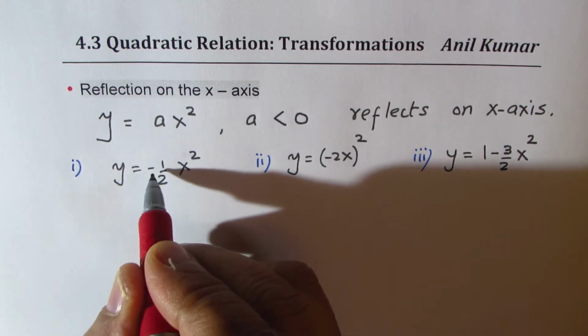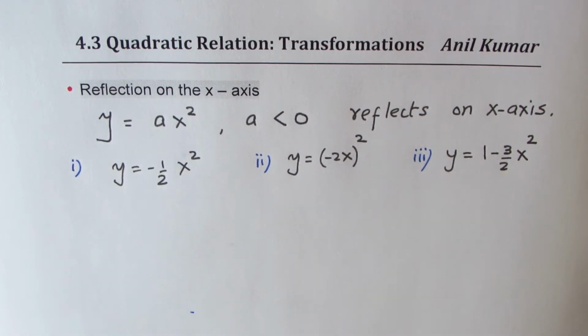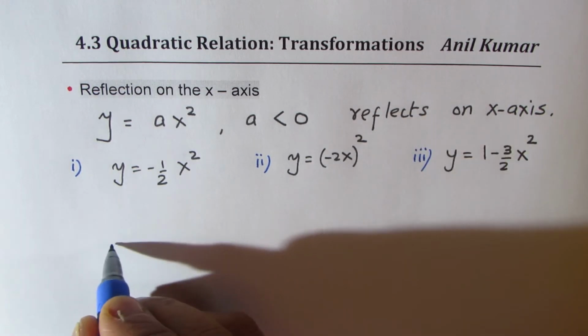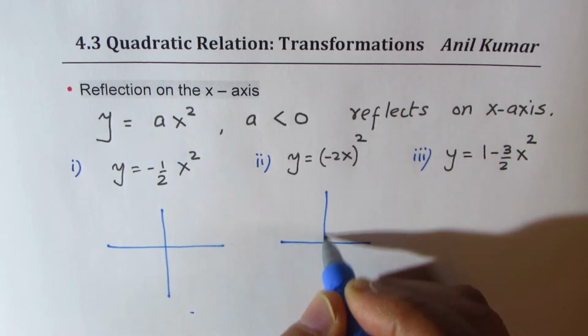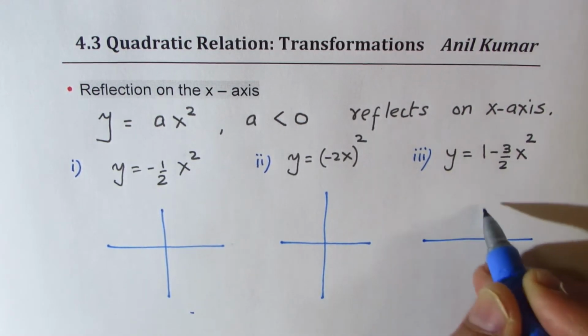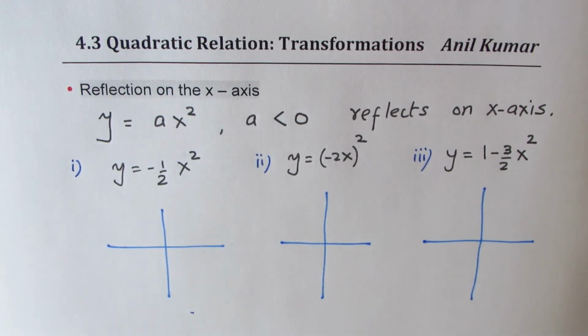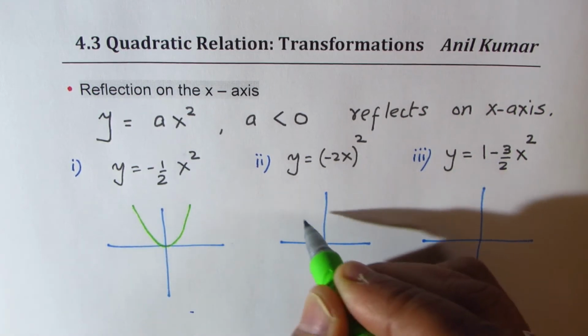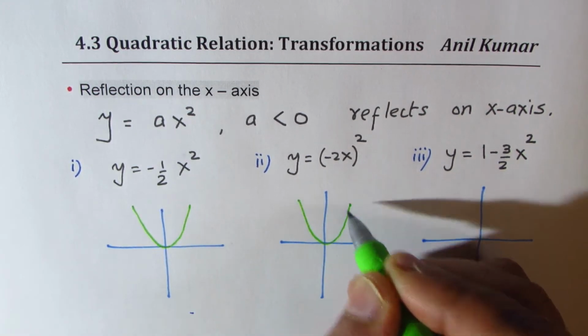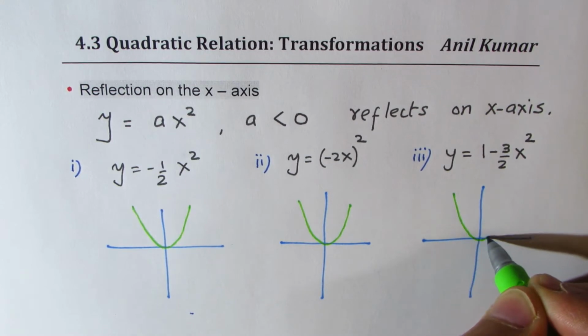This is negative. We know this will be, correct? If you sketch this particular function here, what should you expect? And if you sketch this, what should you expect? Well, assuming we start with a parabola like this. In all 3 cases, I'm giving you a parabola to begin with.